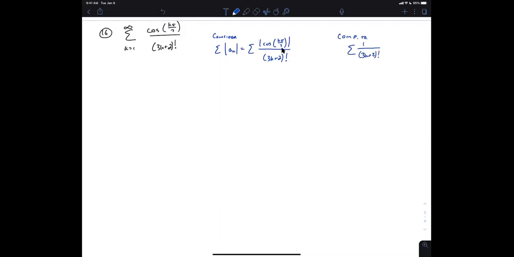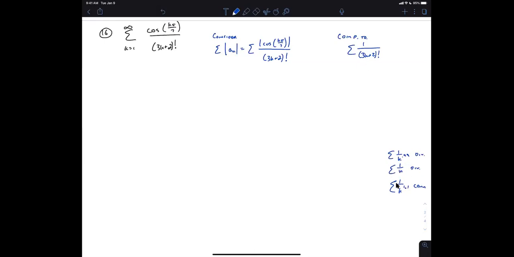Now, we haven't proven this, but if you think about what's going on with p-series, remember that a p-series with 1 over k to the 1.1 converges, and 1 over k to the 0.99 diverges. 1 over k to the first is the tipping point where it diverges, but anything bigger than that converges.